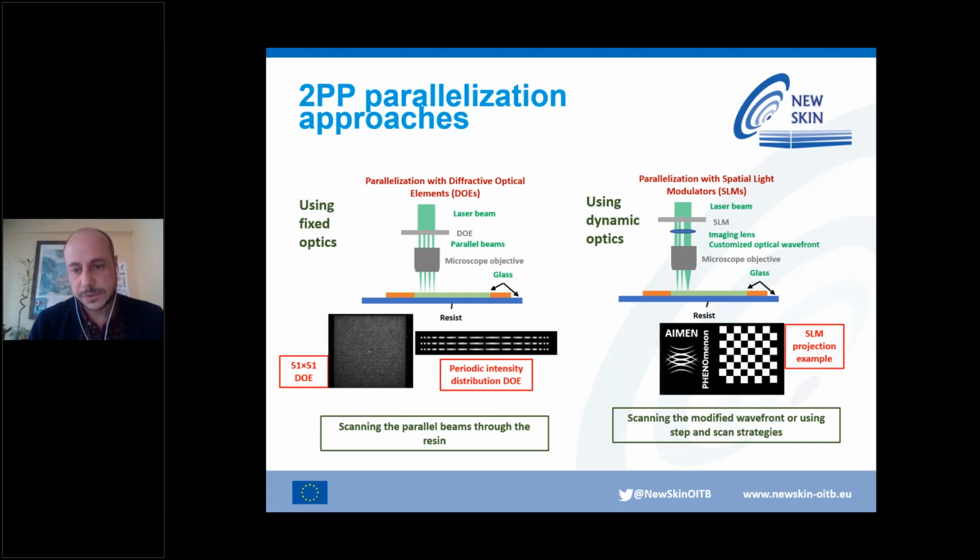With a DOE, you must have some symmetry, some pattern, in order to fabricate something with this parallelization technique, while the use of dynamic optics allows you complete freedom to fabricate in 3D anything that you want. It doesn't need to have some symmetry. You can change your pattern from one shot to the next one, and so by successively changing your pattern, you can produce anything that you want inside the resist, any 3D pattern.